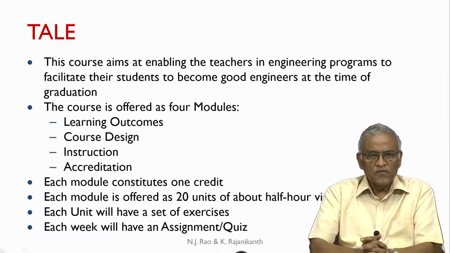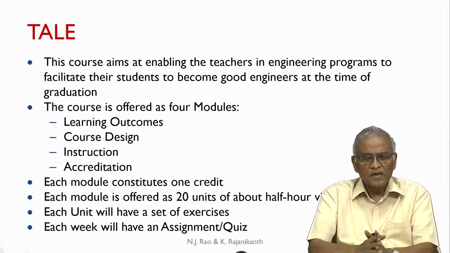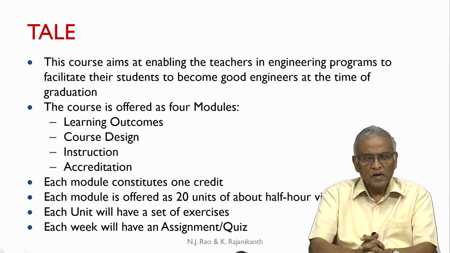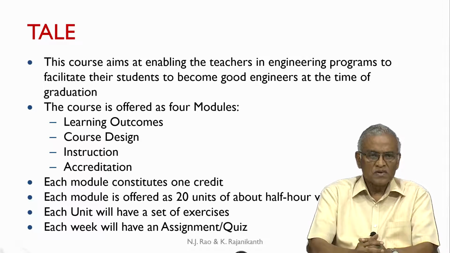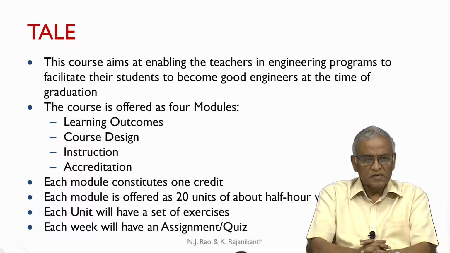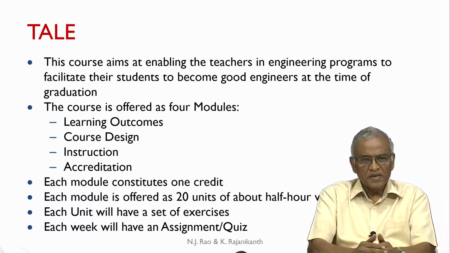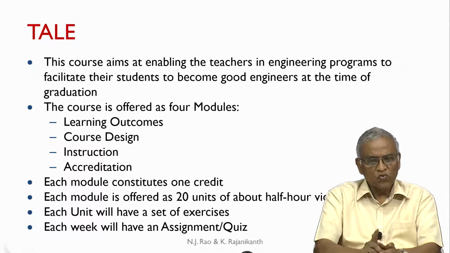The course is offered as 4 modules, which we have mentioned earlier. One is looking at learning outcomes, the second one is course design, third one is instruction, and the fourth module is accreditation. And now, as per the NPTEL format, each module constitutes 1 credit.